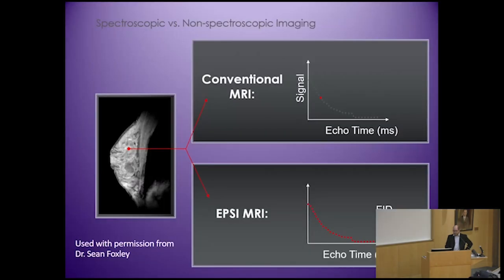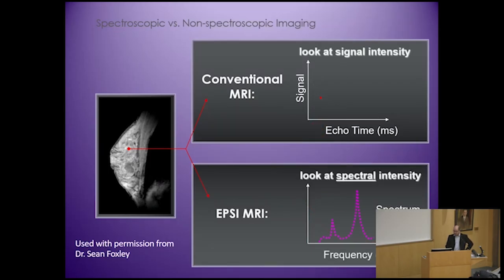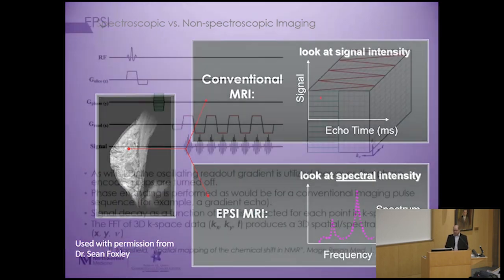And with EPSI, you're collecting all of those. And from there, you can get a spectrum for that single point. So for each voxel, where a pixel is 2-dimensional and a voxel is 3-dimensional, I have a spectrum that makes it 4-dimensional.